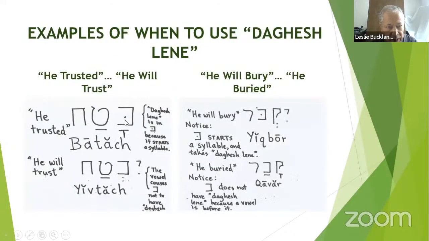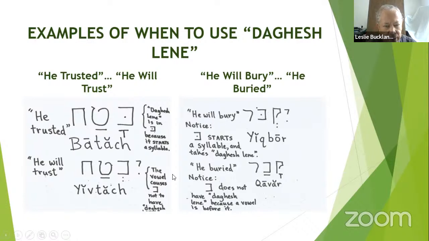And so we have seen it in these examples. You see that Beth starts a syllable in the beginning of the word batak, and it has a dagesh lene. You see also that in this word, yikbor, this consonant starts a syllable in the middle of the word, and it takes dagesh lene.